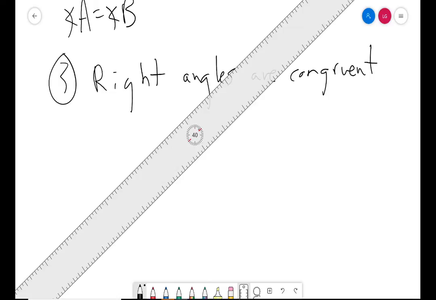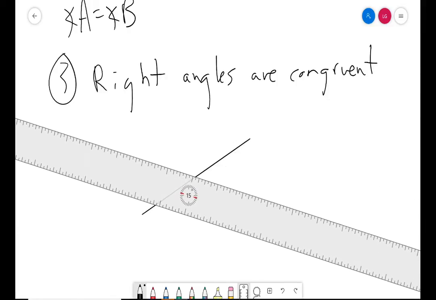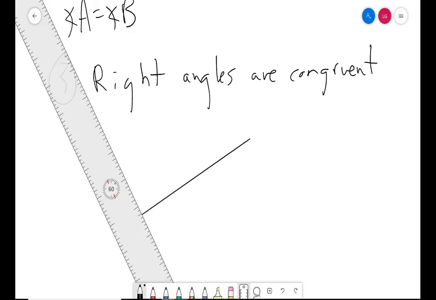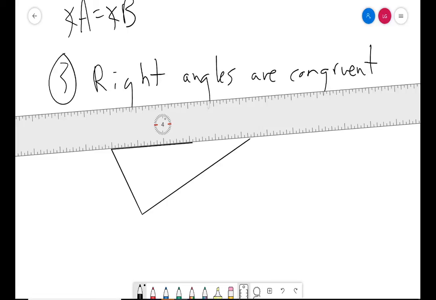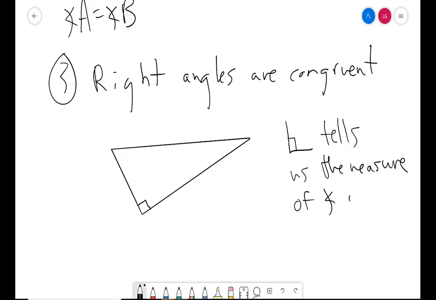So we're often told that we have a right angle, for example, with this symbol, the little kind of box, that is telling you that that angle, so this type of thing, tells you the measure of the angle is 90 degrees.